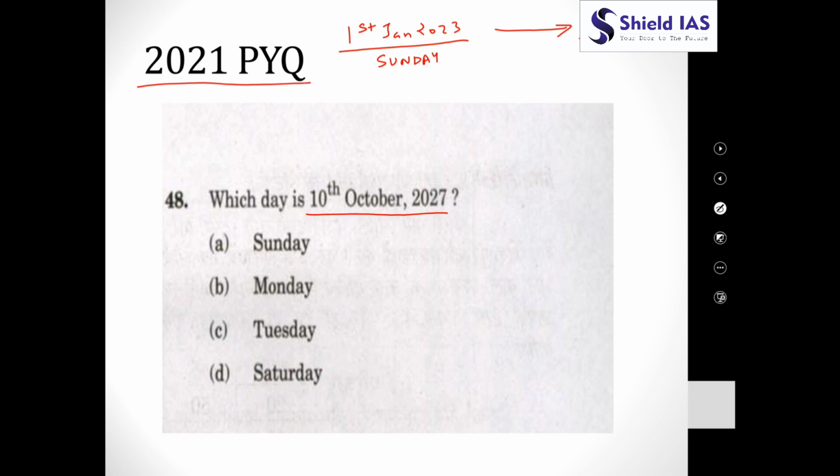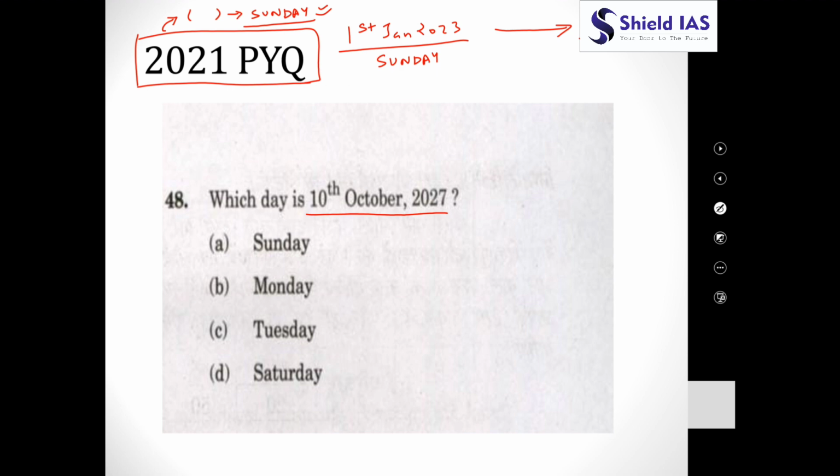We have already seen in the last video lecture. So if you are giving the paper of 2021, you must be knowing that on a particular day, that is your prelims paper's day, the day would be Sunday. Yes, this much you know. You can always take this as your reference day. Yes.